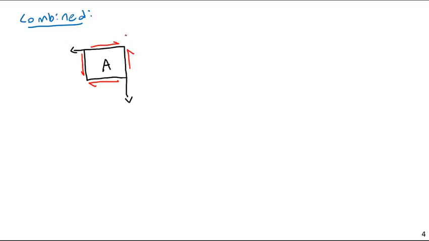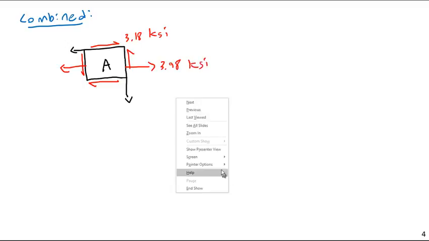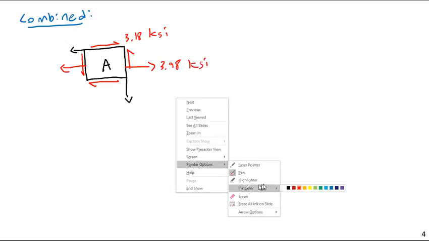So this is going to be 3.18 KSI. And then we're going to have 3.98 KSI. Now we're going to need two points here.